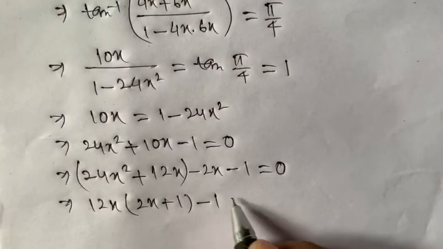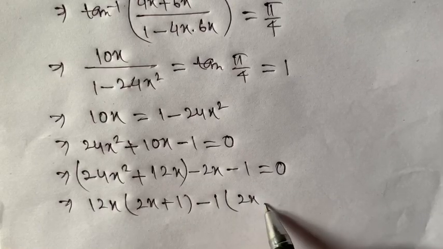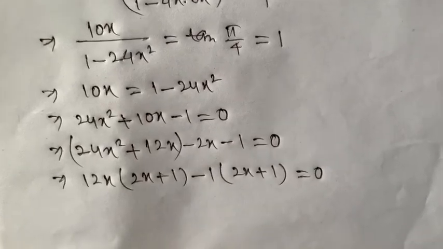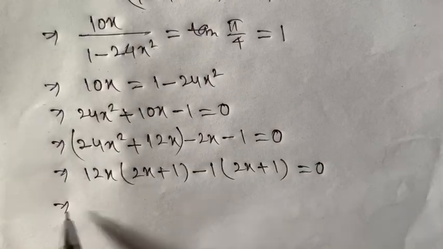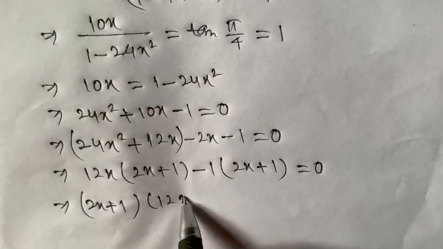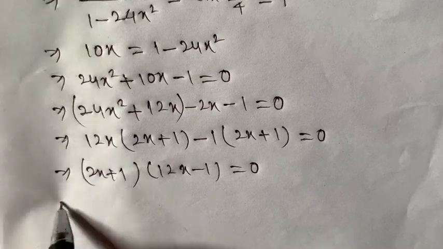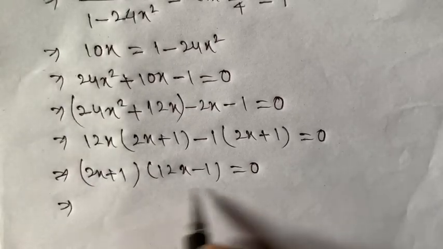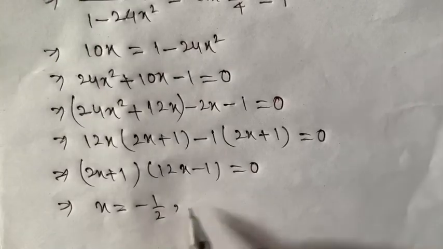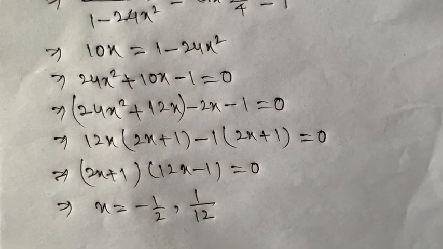Now we will take minus common from the remaining terms to obtain 2x plus 1 equal to 0. So we have (2x plus 1) into (12x minus 1) equal to 0. Now we will equate both the factors. x is equal to minus 1 by 2 and 1 by 12 we have obtained.